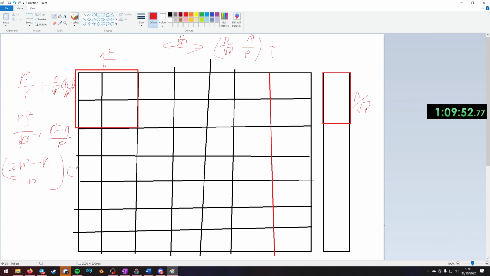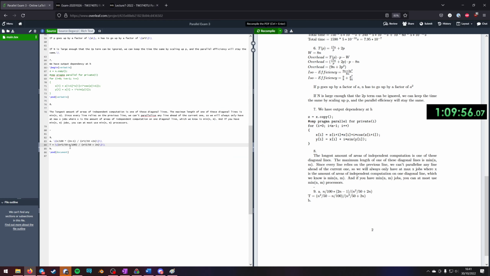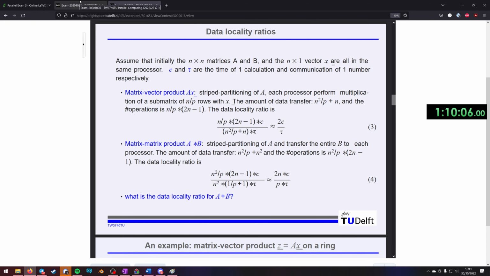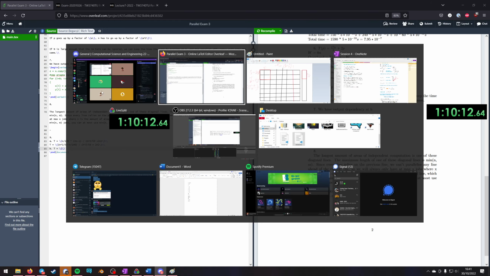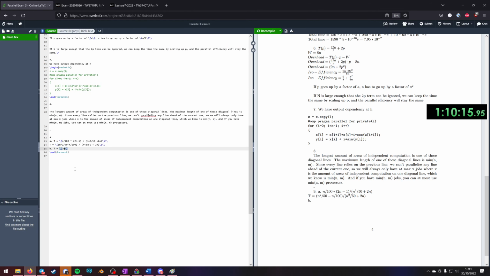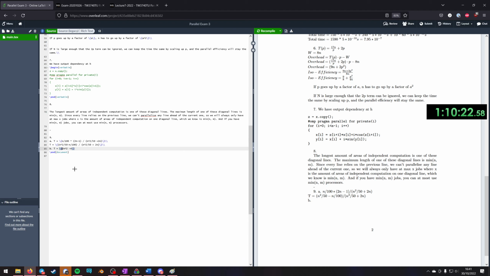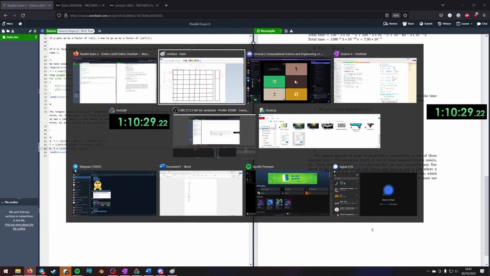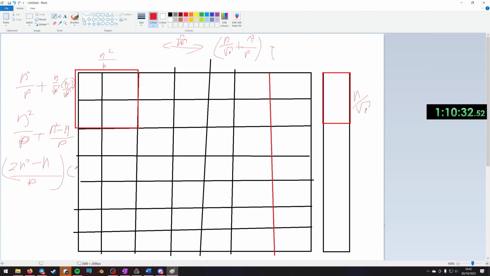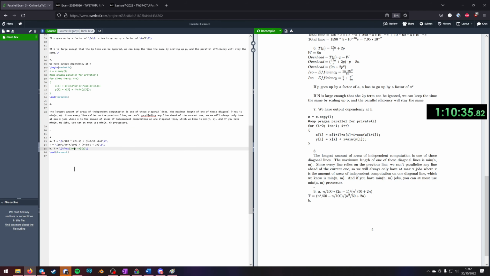So for block, the actual time is, first of all, the computing time, which we know is 2n squared minus n over p, times c, but we know c to be 1 because it's given in the question.